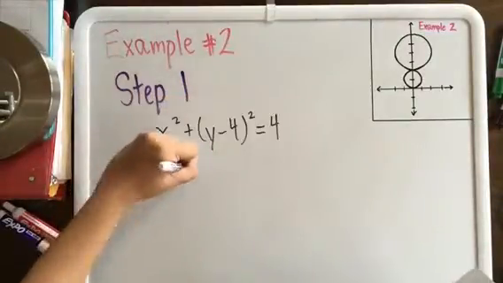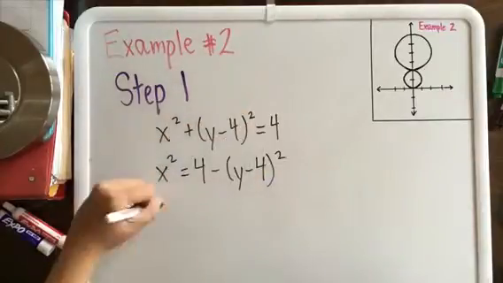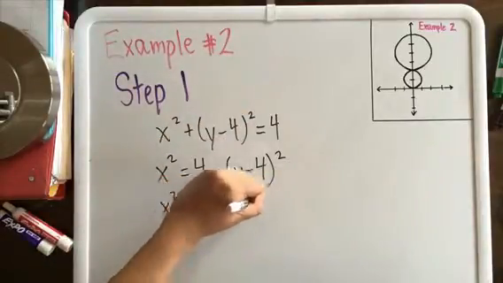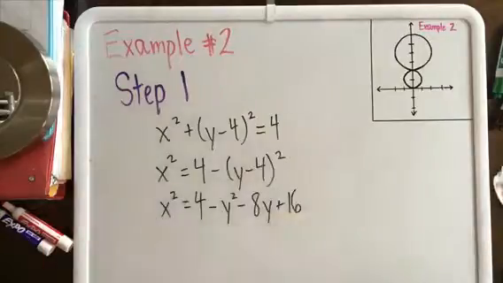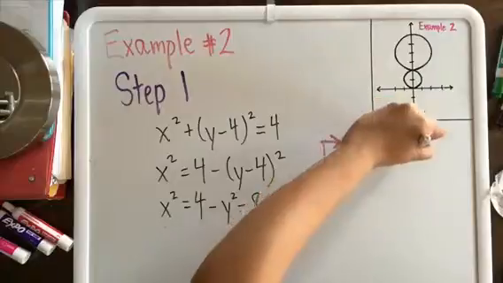Again, the first step is to solve for one of the variables. In this case, we are solving for y in one of the equations. Then expand both of the equations.